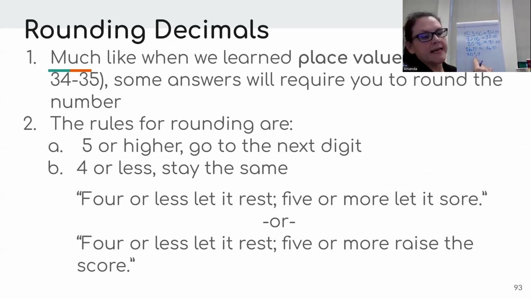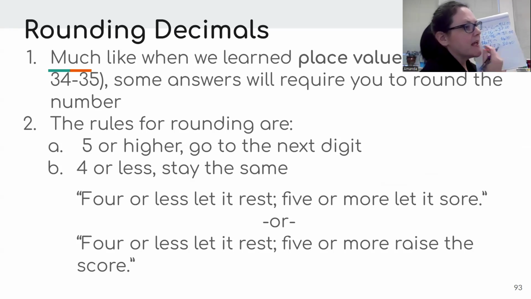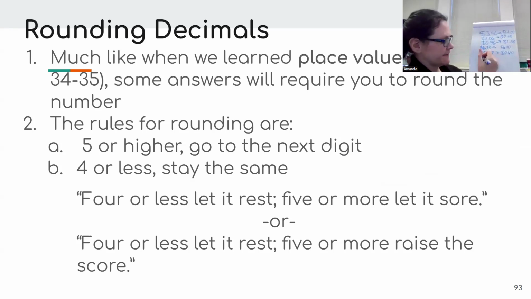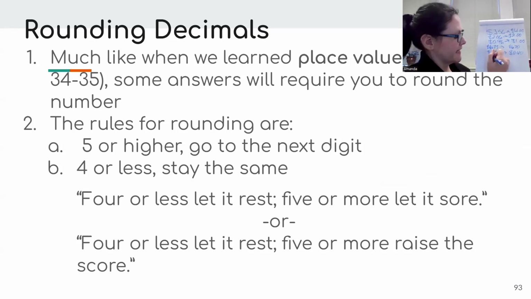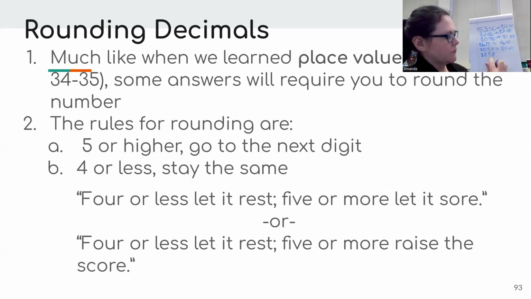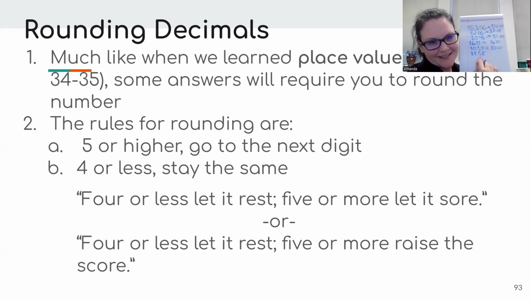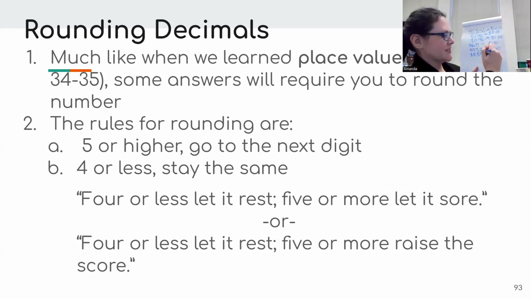Is that going to stay or go up? It's going to go up to 40 cents. And our last one will be 8.58. Will this go up or down or stay the same? It is going to go up, so it's going to become 8.60.